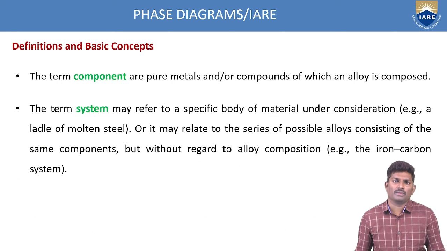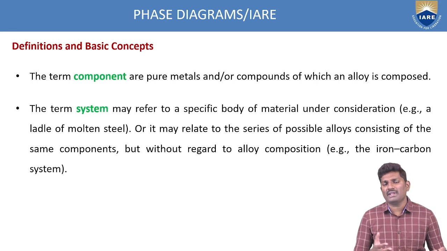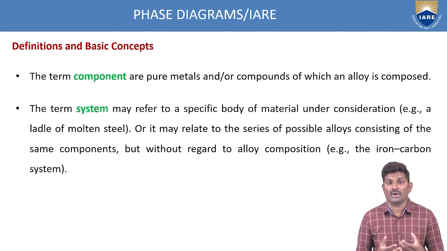Now, if you go further, you have some basic definitions. What is a component? Generally, a component is defined as a pure metal which is composed of some alloys. That is called a component. And next, system. System refers to a specific body. Why we are discussing all these things is that in the next coming topics, we are mostly using these terms, component or system.